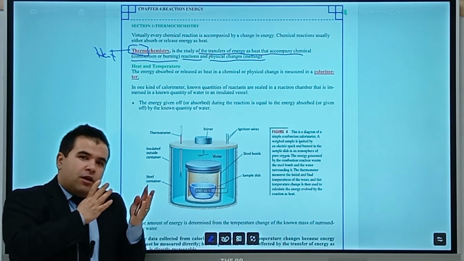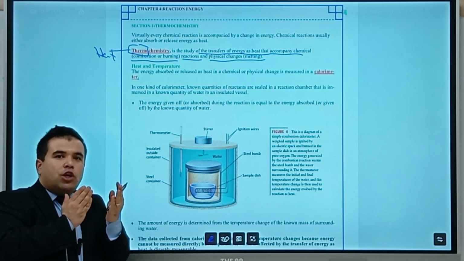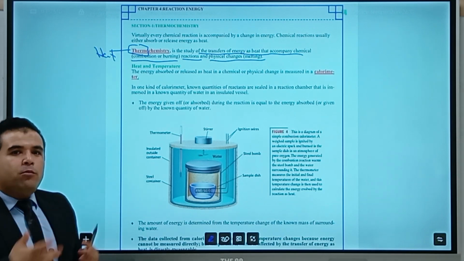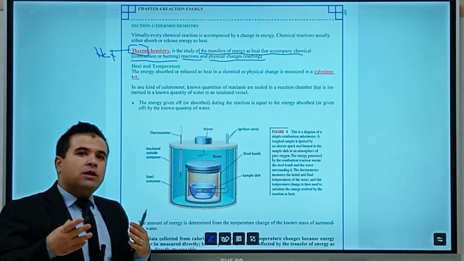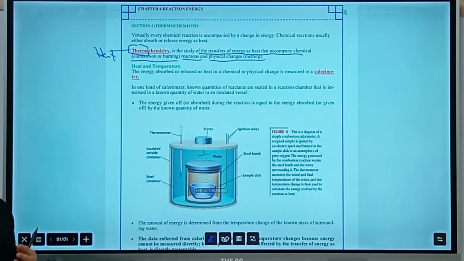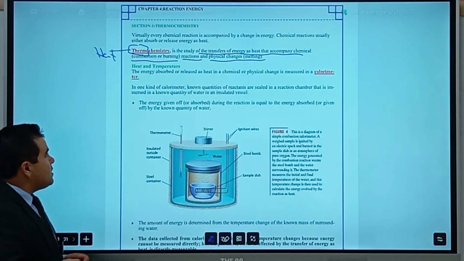So whether a physical change or a chemical reaction, there will be changes in the heat of the system. Thermochemistry talks about the field that relates to the changes of the heat of the system due to chemical reactions and physical changes.